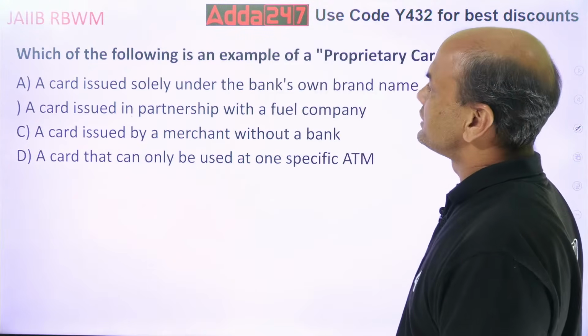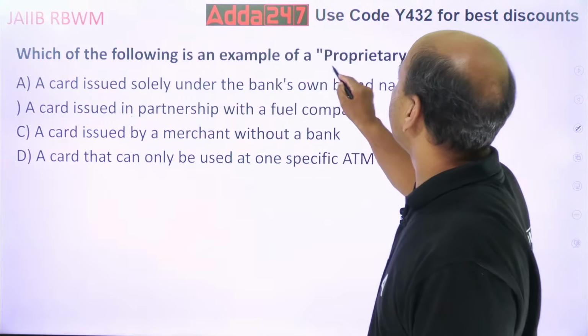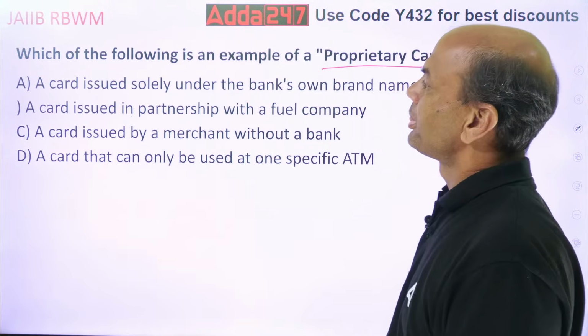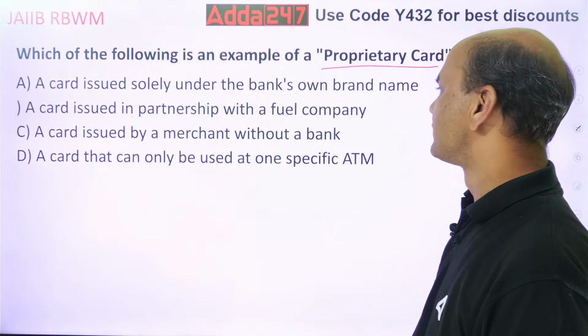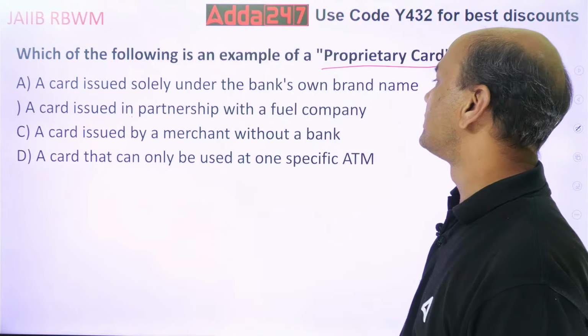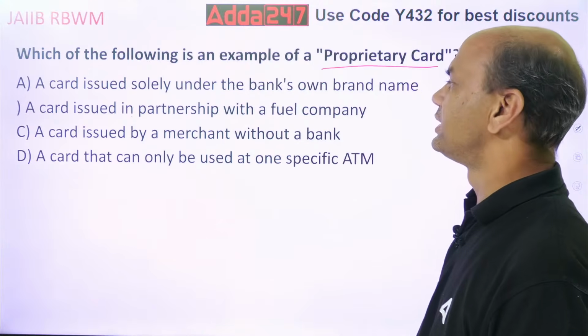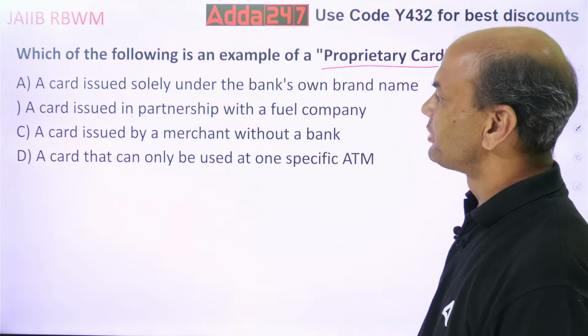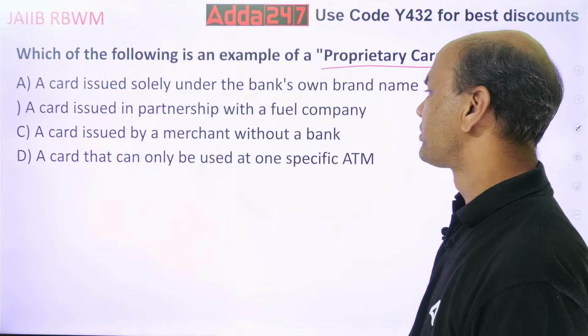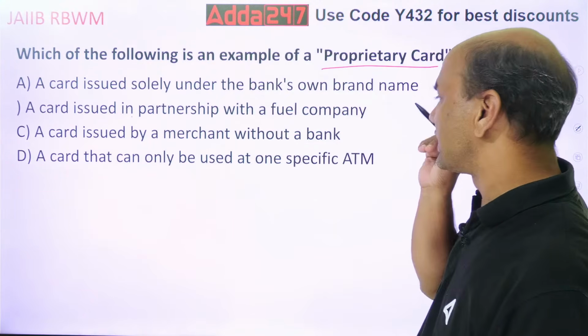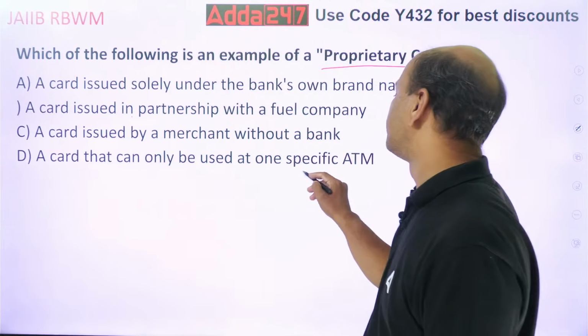Which of the following is an example of proprietary card? A card issued solely under the bank's own brand name. A card issued in partnership with a fuel company. A card issued by a merchant without a bank. A card that can only be used at one specific ATM.